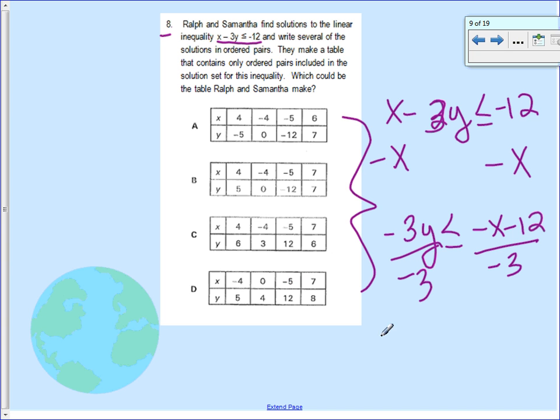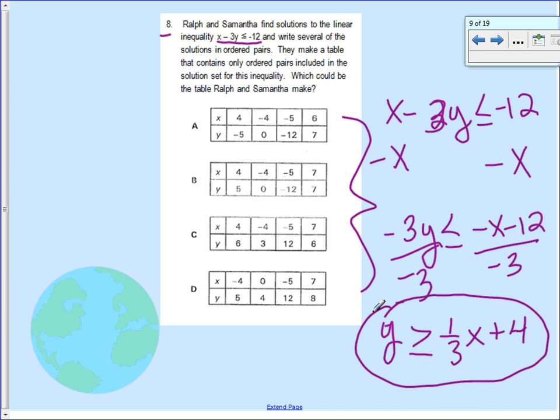Switch the sign, flip it. So y is greater than or equal to, negative divided by negative is a positive, -12 divided by -3 gives us a +4. This is what you should be graphing in your calculator. Looking at your graph, you're going to look at your table of values and determine which lie on the line or above.